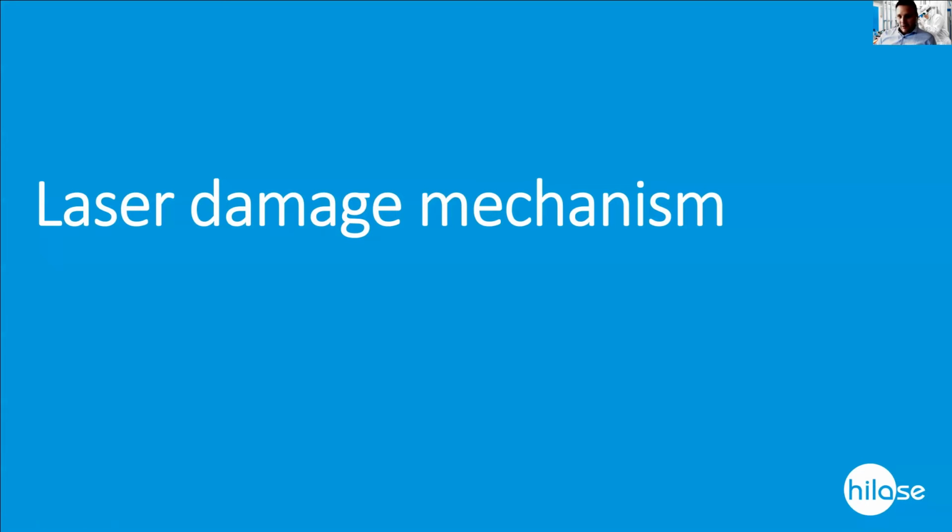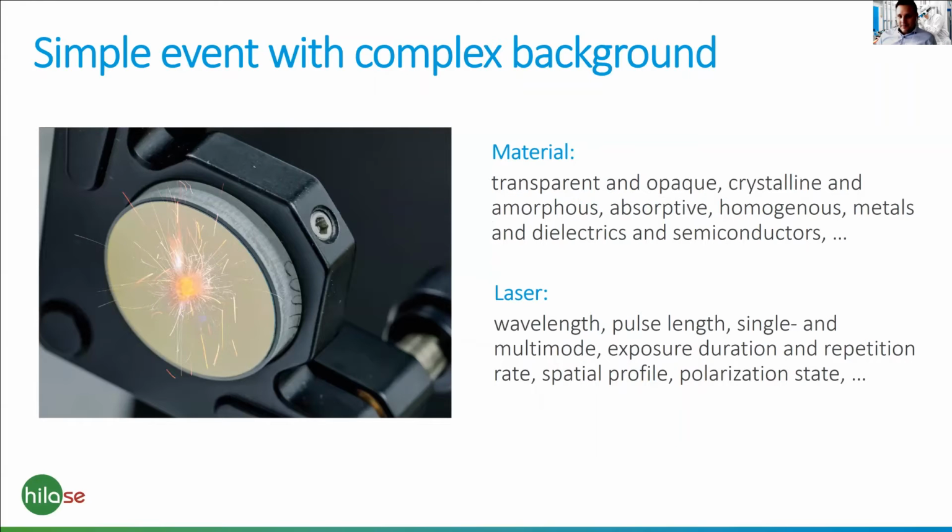So first, about the laser damage mechanism. Laser damage is basically a quite simple event. You just see the hole on the surface of whatever you are exposing to the laser beam.